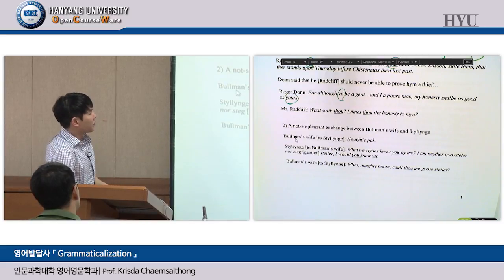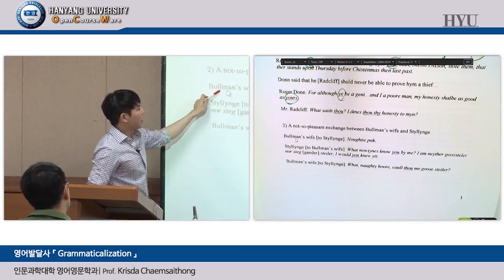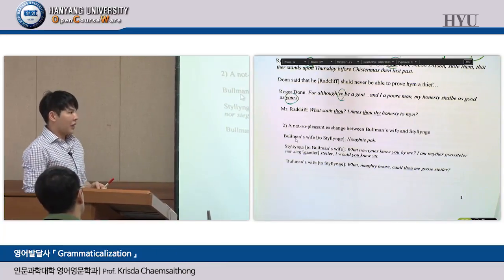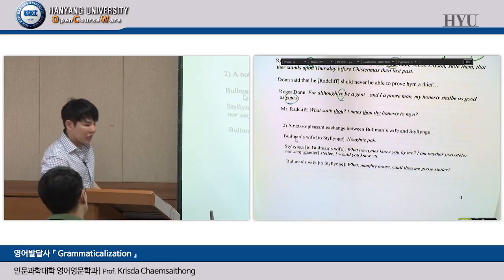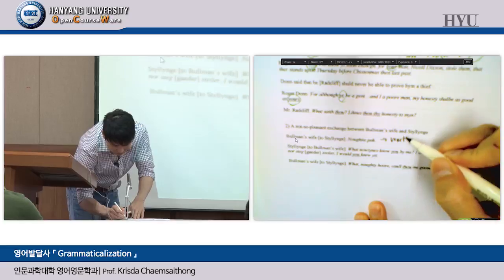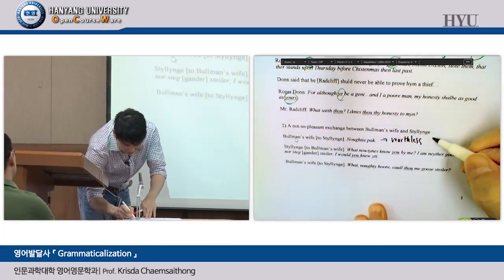Now the first person, the woman, says to Stilling, "naughty pack." Naughty pack is like a worthless person. So worthless, naughty pack, right? Is this good or bad? Bad, right?